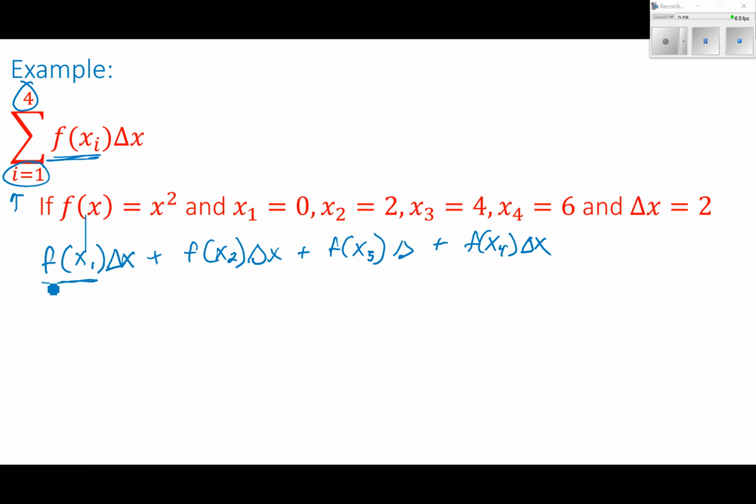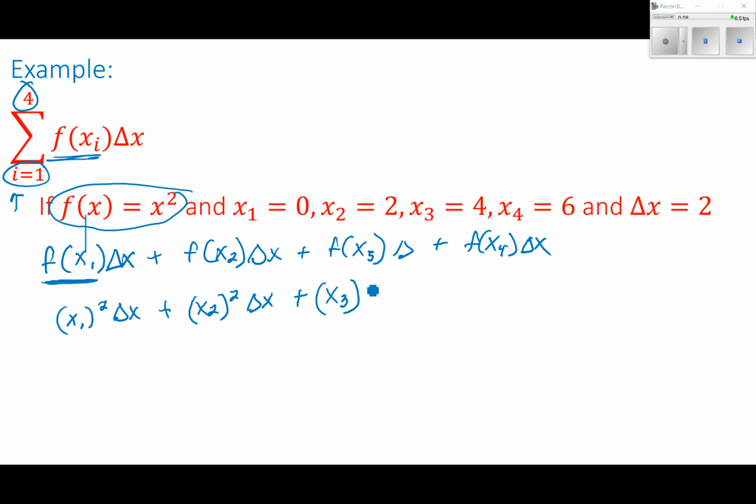My f of x sub 1, f of x is this function x squared. So really, this is x sub 1 squared delta x plus x sub 2 squared delta x plus x sub 3 squared delta x plus x sub 4 squared delta x.